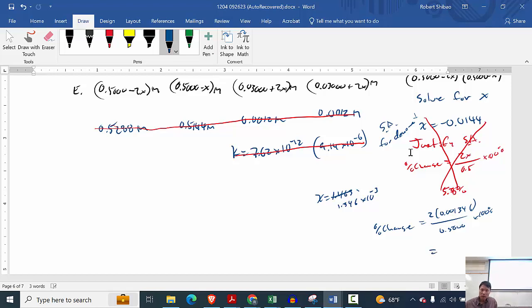And so the percent change here comes out to 0.53%. Okay, that's okay.